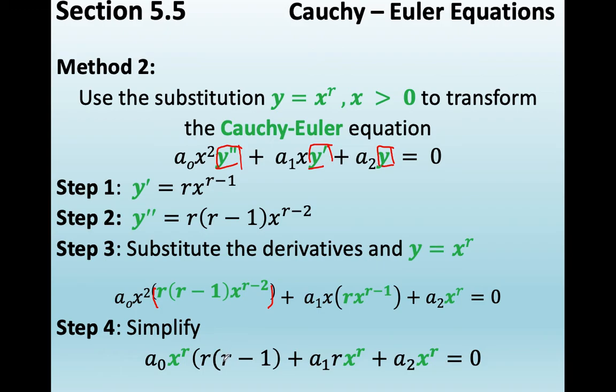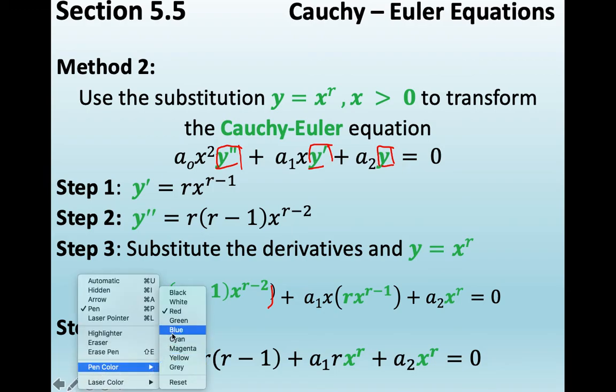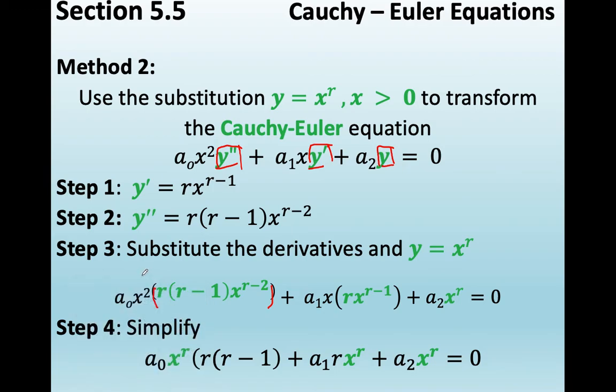Do you see what happened here? Something cool happened with these exponents. If I have x squared, and that is being multiplied eventually times x to the r minus 2, what does that turn into?